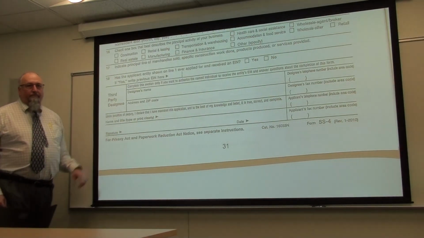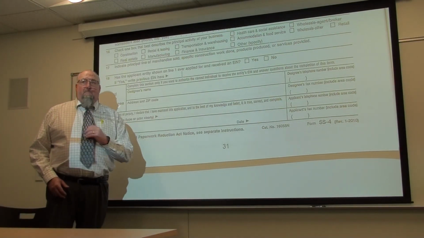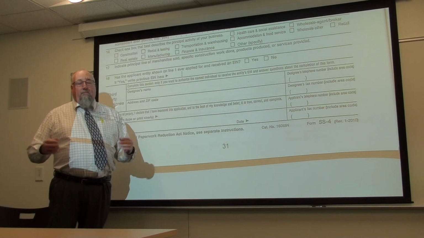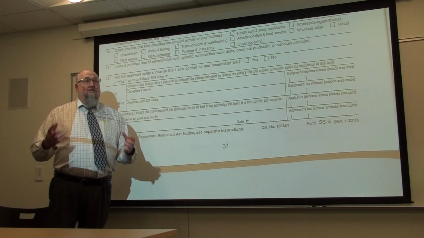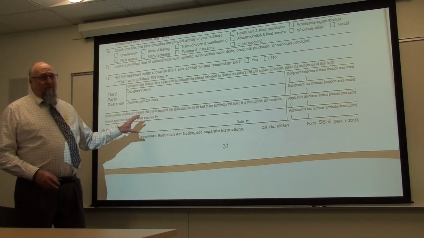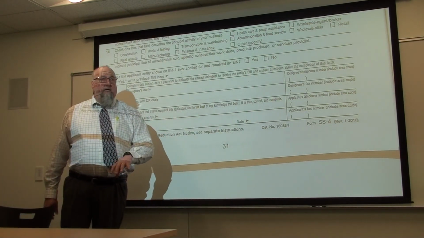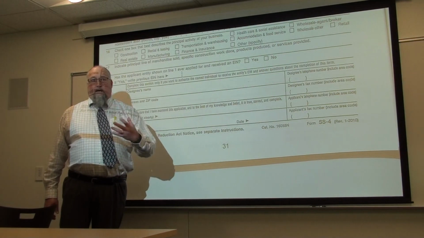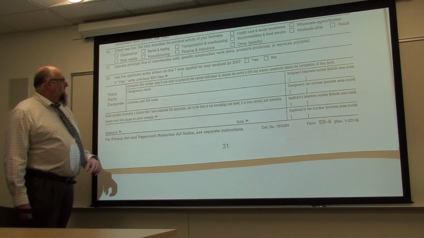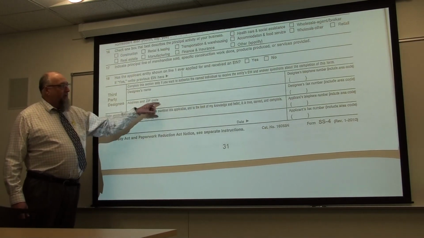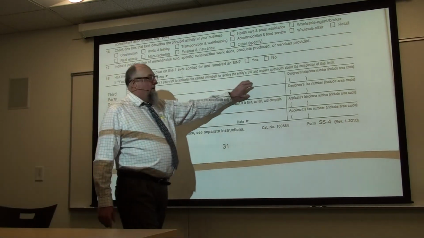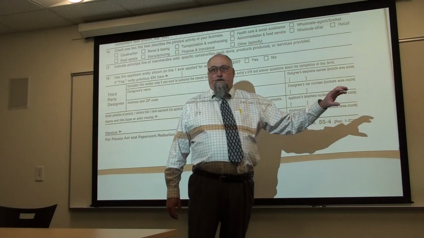Third-party designee. For those of you that may end up being an accountant or a lawyer, or another type of bookkeeper or business services provider, you may be filing this form on behalf of your clients, like what I do in my law practice. If you're going to do that, you have to put your name, address, and information here as a third-party designee.